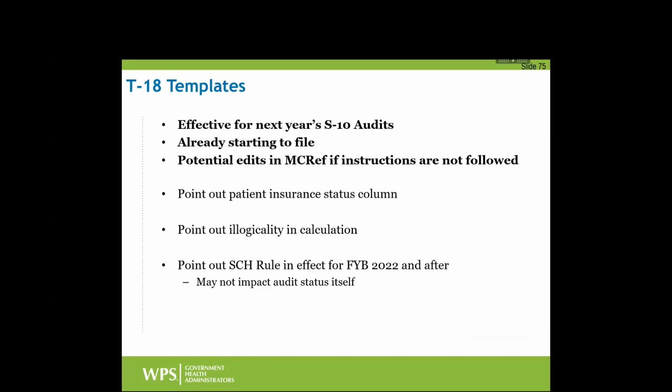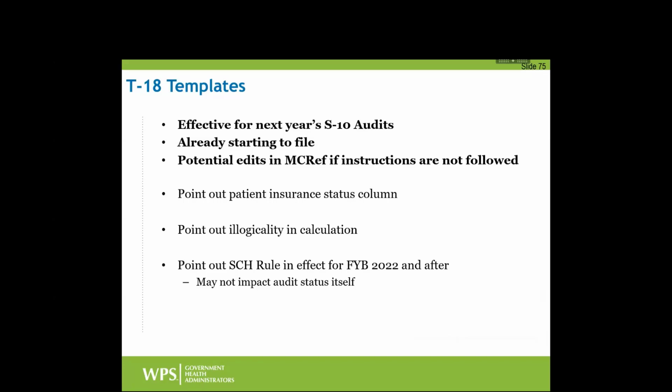Now, there are other issues, there are other edits where there are certain rules where the system tries to go in and say, well, first of all, the amount doesn't match. It doesn't have to exactly match. There's a little bit of a cushion, but it has to be pretty darn close.